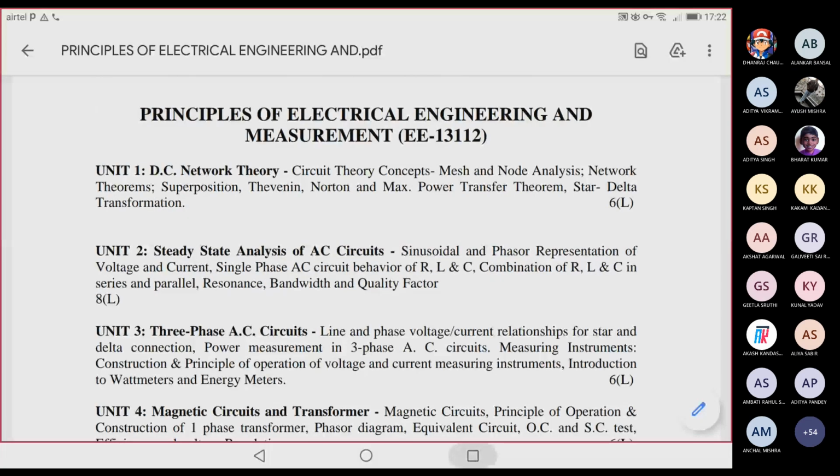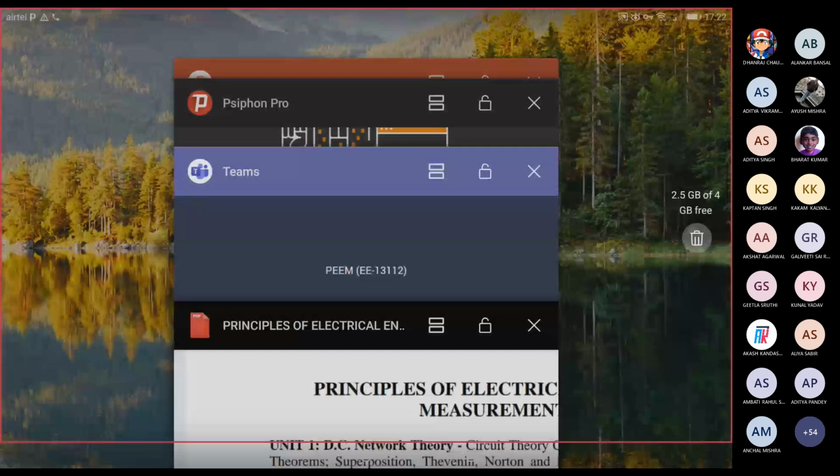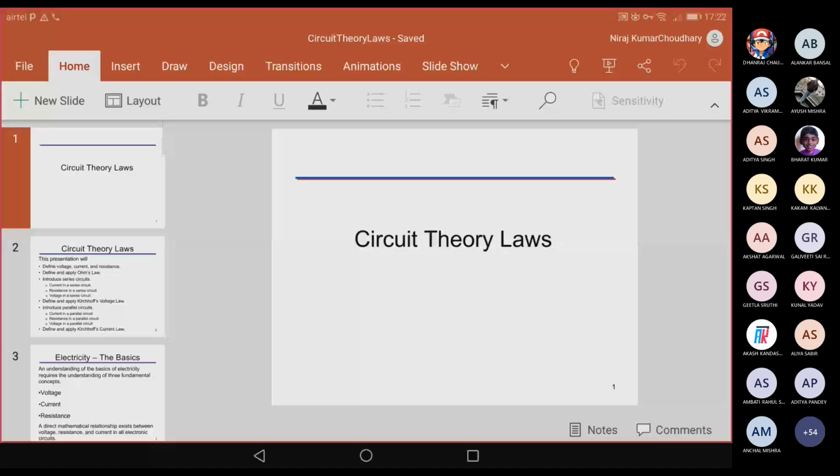now we will start from the very basic concepts of circuit theory laws. Before going to the details about the different network theorems and the different analysis like nodal analysis or mesh analysis, I will assume that all of you know these things, but this is just a review which will be helpful for you as well as for me, in order to go through the details of this unit 1.